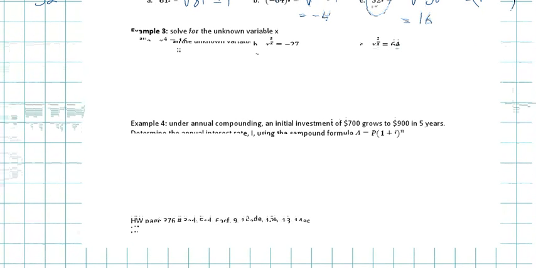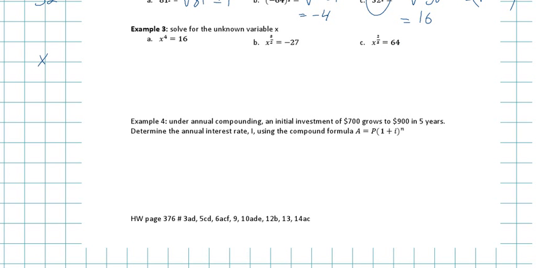Opposite operation, let's say if you have x squared, the opposite operation is the square root, right? If I have x to the power of 4, the opposite operation is the 4th root. To cancel an exponent, you do the root of it. So to do this, I have to do the 4th root of both sides, right? So that makes it x equals 2.